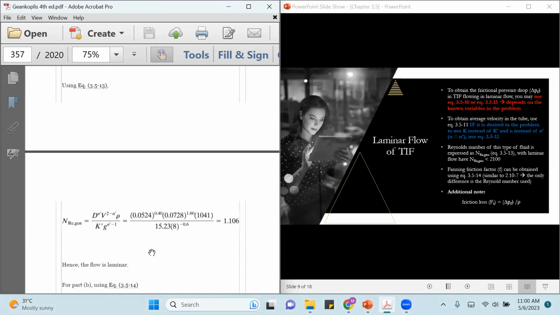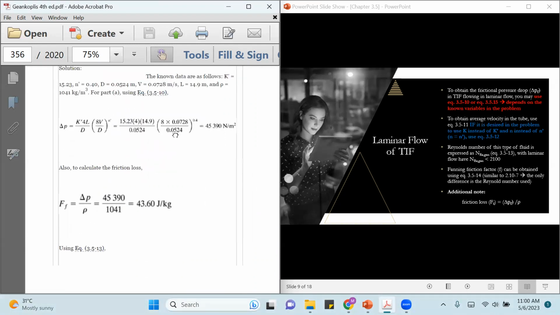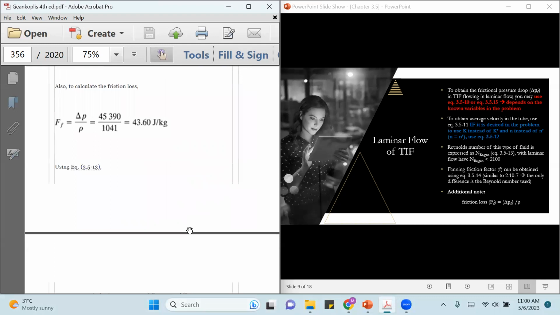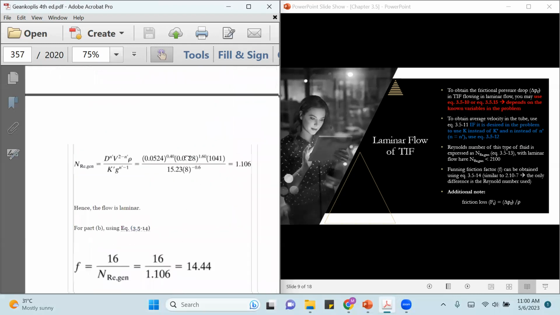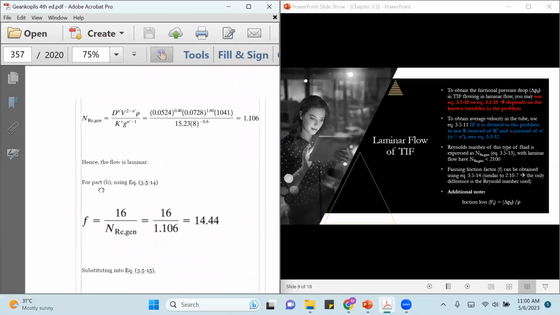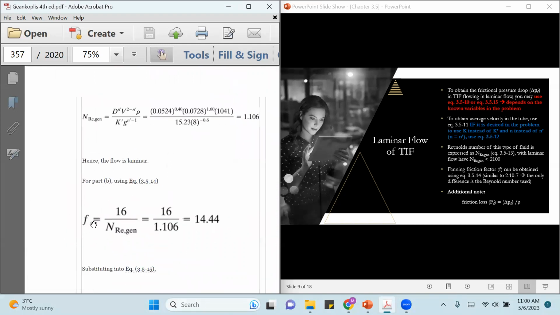Then for B, I'll go up again. Repeat part A, but using the friction factor method. So I will use equation 15. Since it is really laminar, I can use equation 14 to calculate the Fanning friction factor: f equals 16 over NRE gen. I get this.